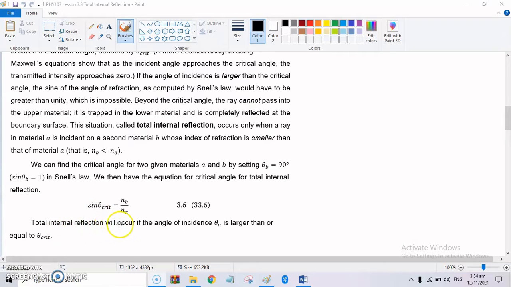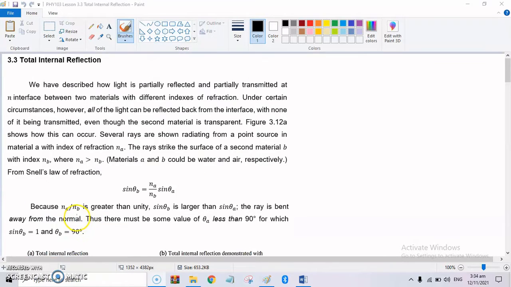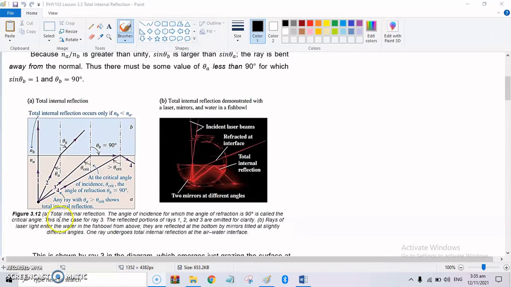Total internal reflection will occur if the angle of incidence theta A is larger than or equal to the critical angle.